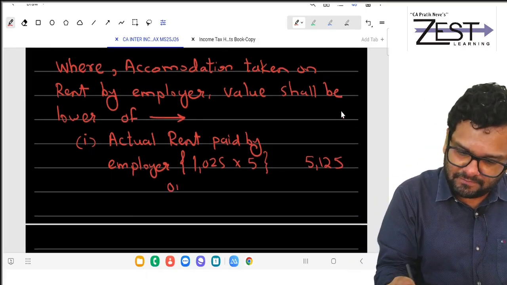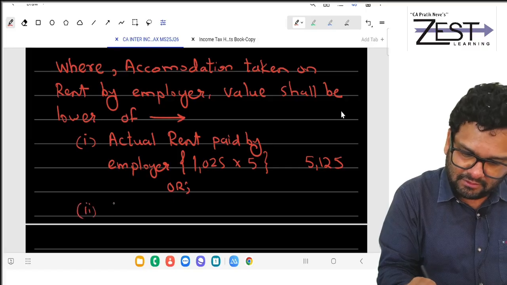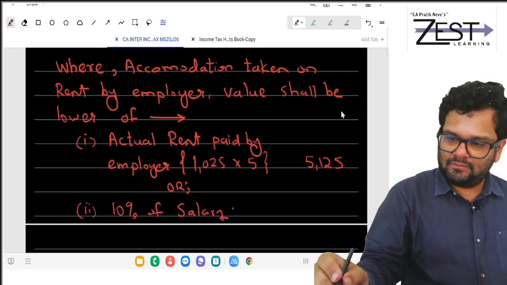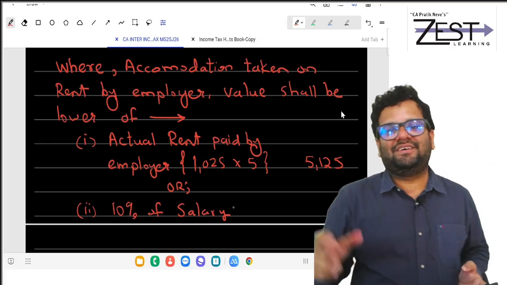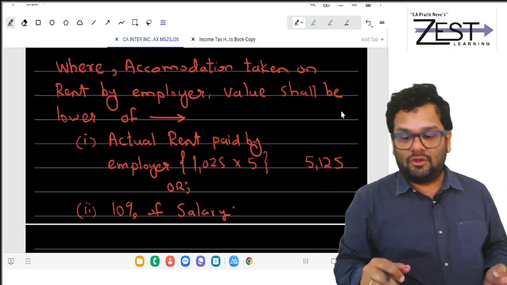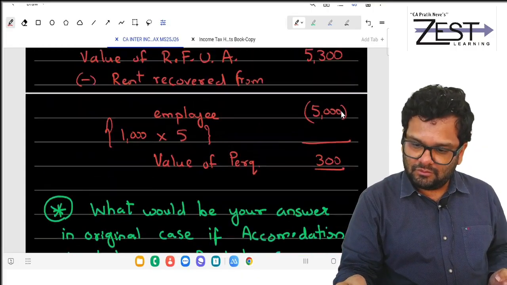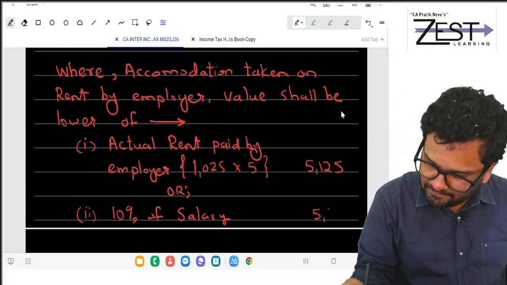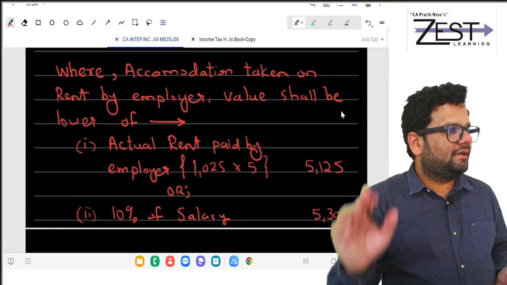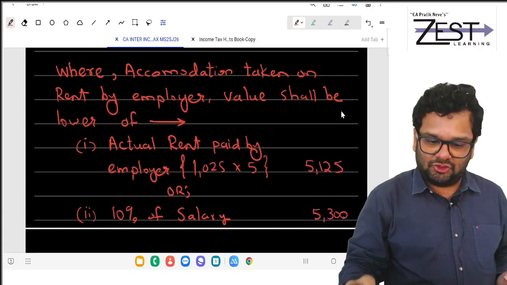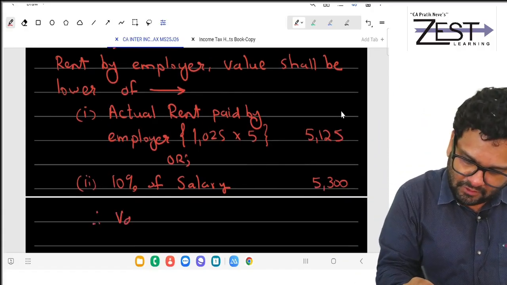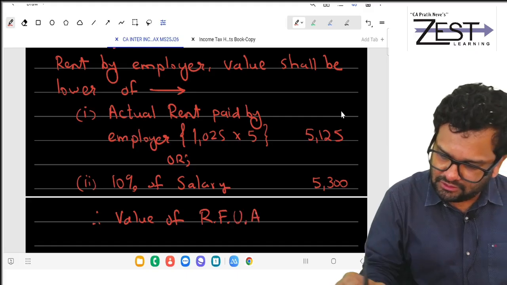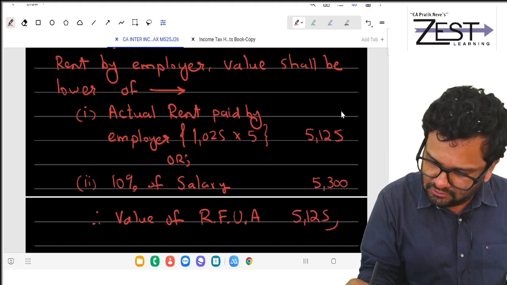5125. Or don't forget 10% of what is that? Don't calculate again. You have computed above, 5,300. Already done. You have done the hard work already. So therefore, what is the value of rent free unfurnished accommodation? 5125.